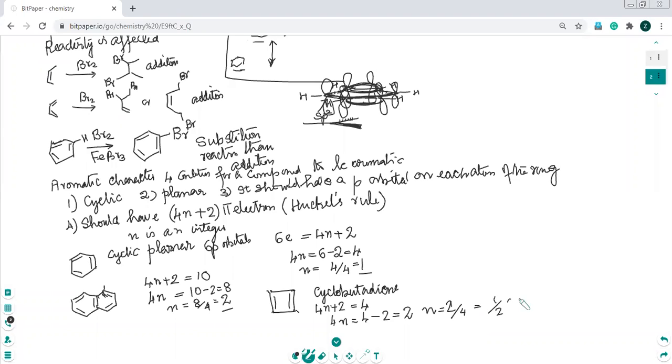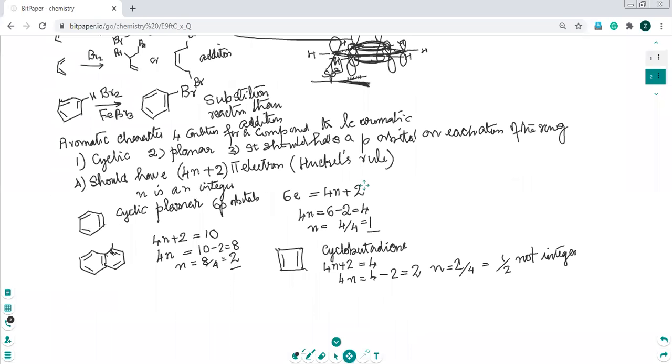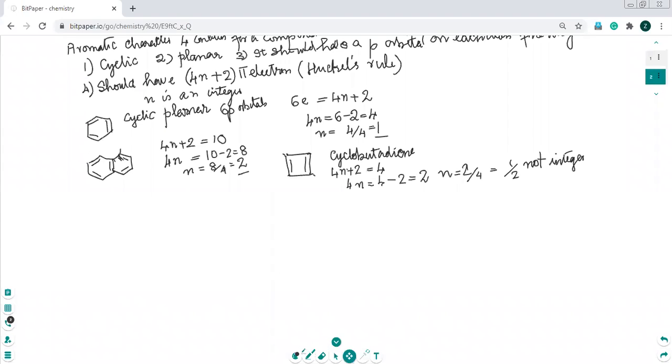Not an integer. So this molecule exists but is highly unstable, not stabilized.